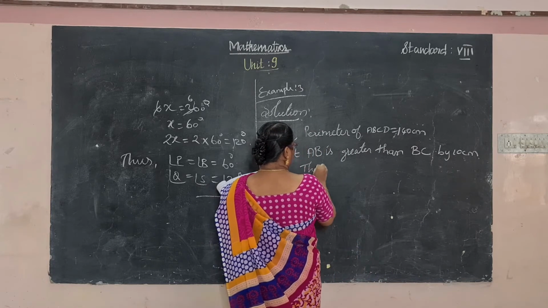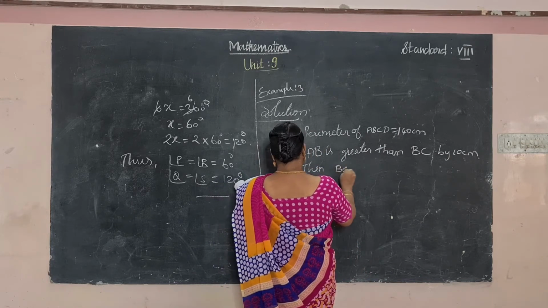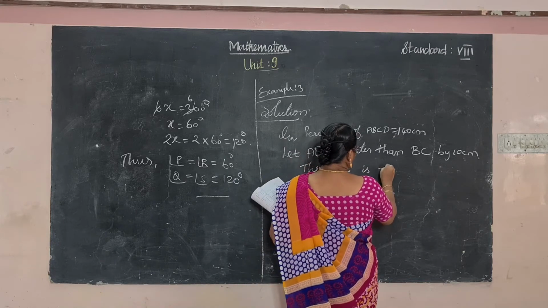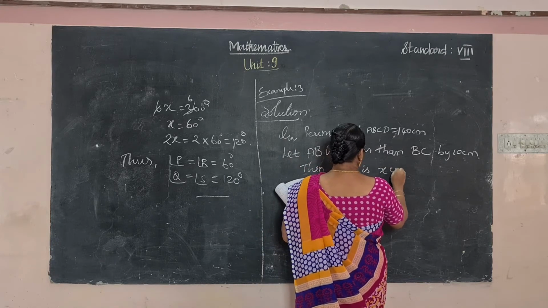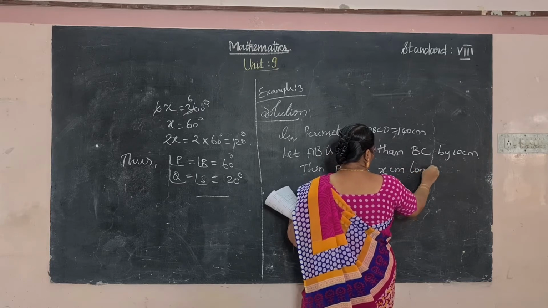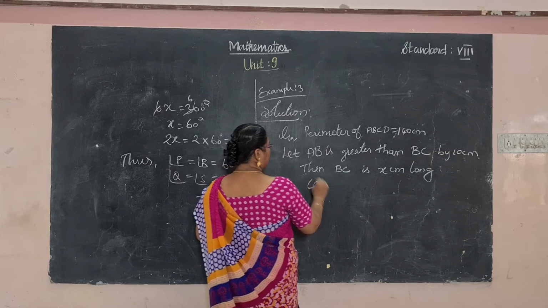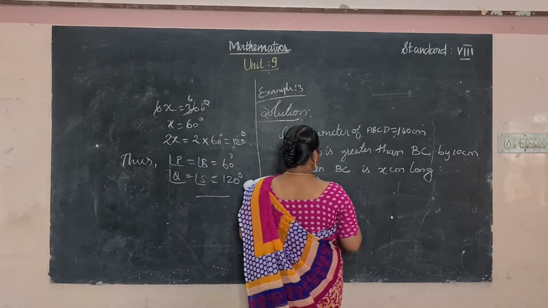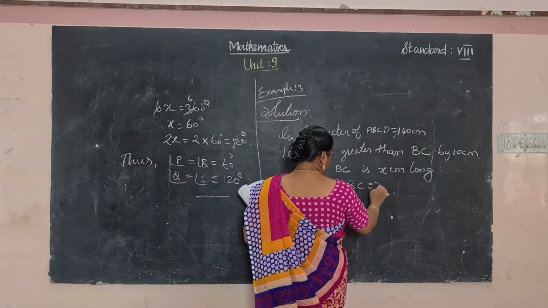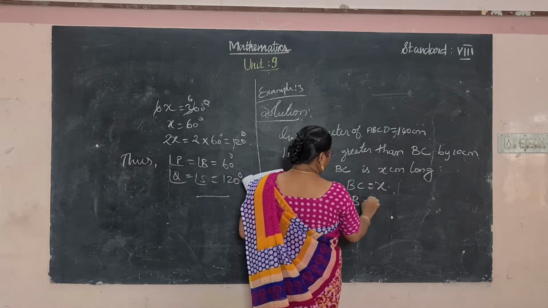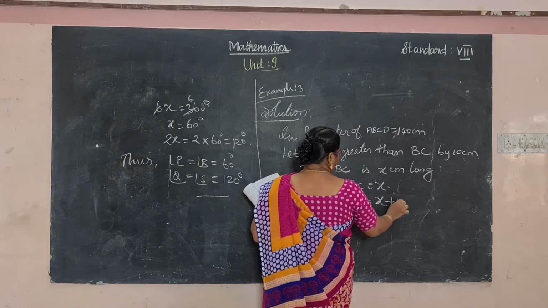Then BC is x centimeters long, that is, BC is equal to x. Okay, AB is equal to x plus 10.